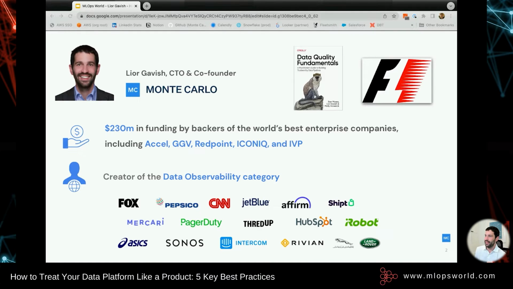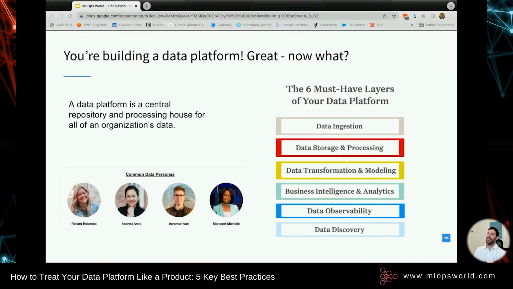So with that said, I'll jump right into our topic for today. I'll start by defining what a data platform is. By definition, a data platform is a set of tools or services that other people can use to build data products.